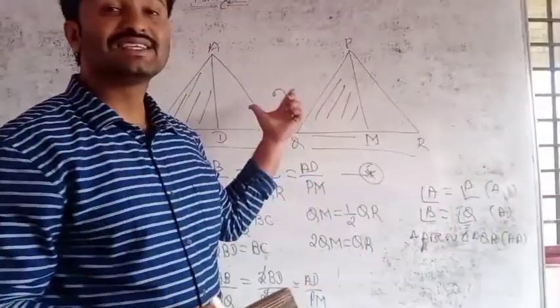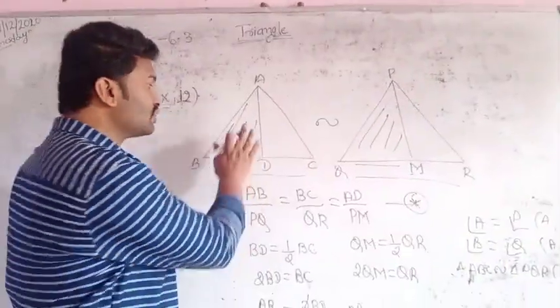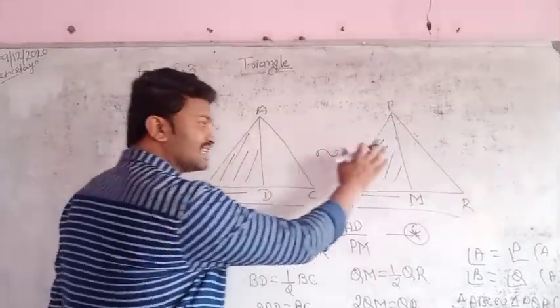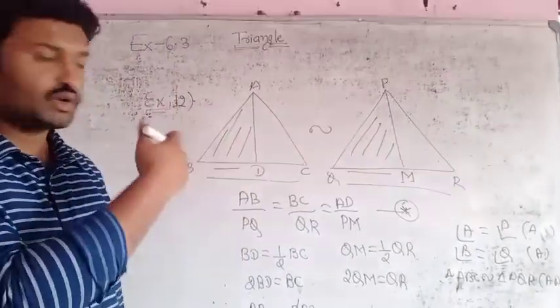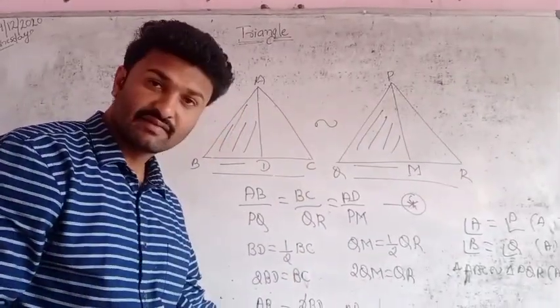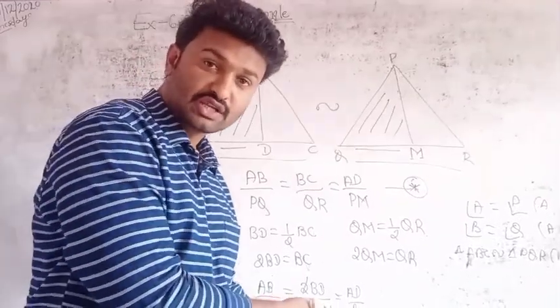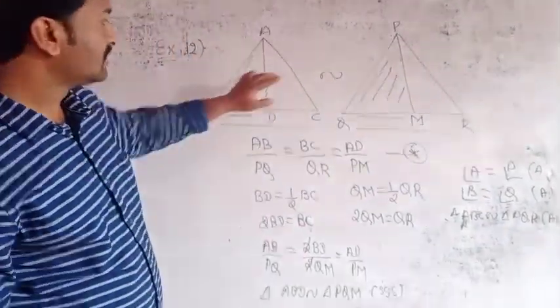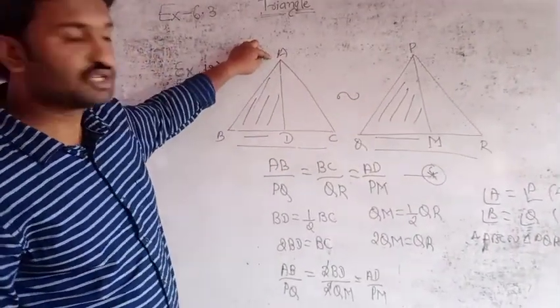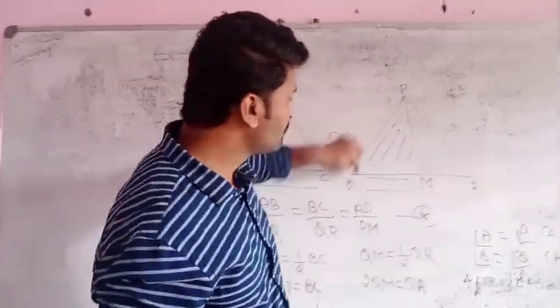Both the triangles are similar. First, we need to prove these two triangles are similar. Then their corresponding sides are in the same ratio. After showing this one, we can easily show ABC is similar to PQR.